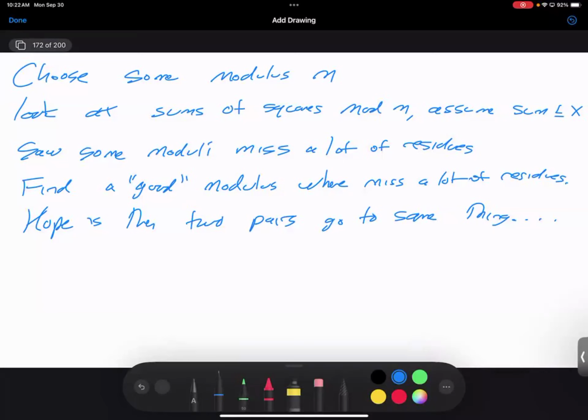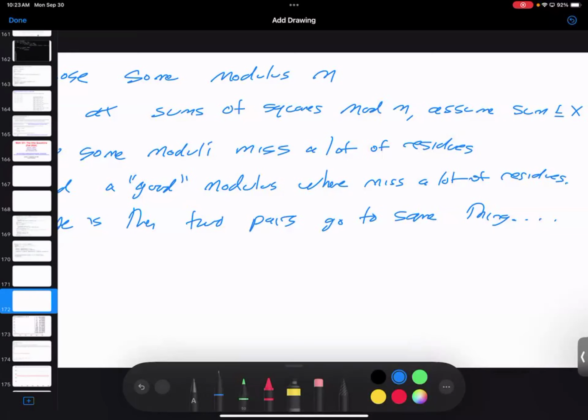It's okay if all the details aren't clear right now, but is the general idea beginning to make sense? That one way to show I have two different pairs that have the same sum is to show there's not that many possibilities for them to live in. And if there aren't that many possibilities, and I have a lot of things coming in. So of course, the question is, how many things do I have coming in?